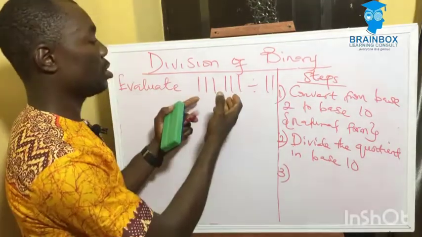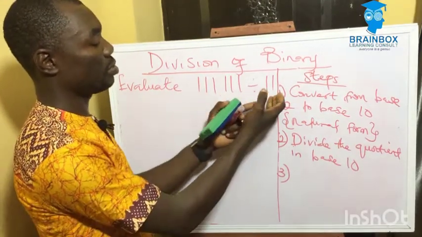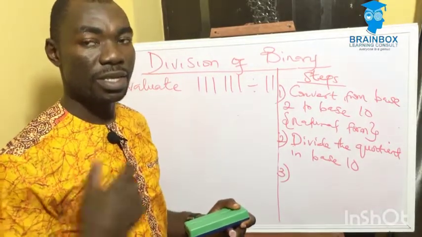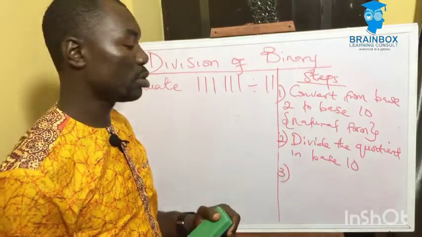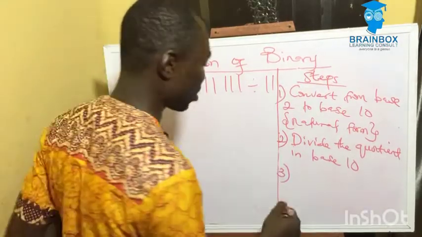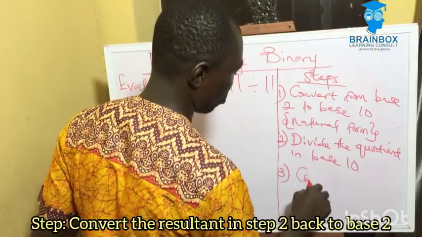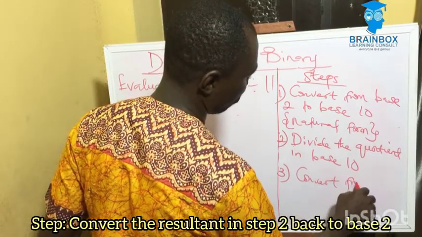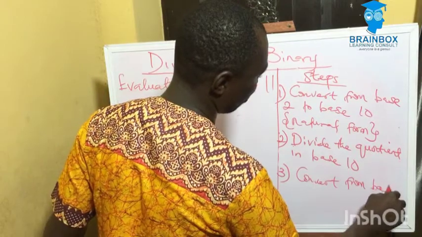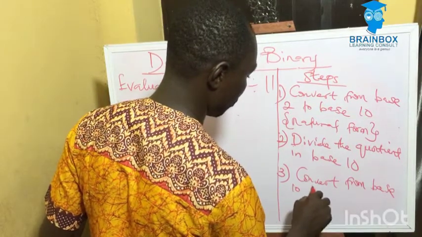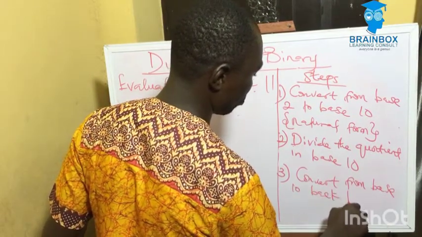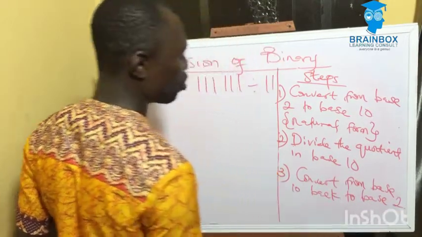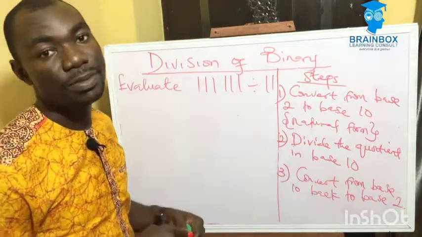After dividing them, the resultant of that division will now be converted from base 10 back to base 2. We are going to follow these 3 steps.